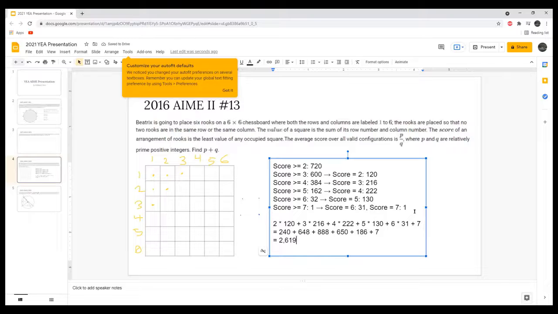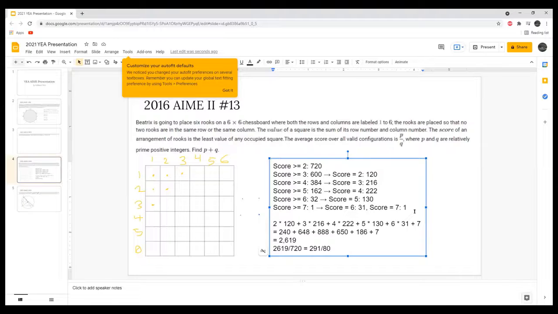And when you divide this by 720, I think it gives you 291 over 80, and therefore P is 291, Q is 80, and the answer is 371.